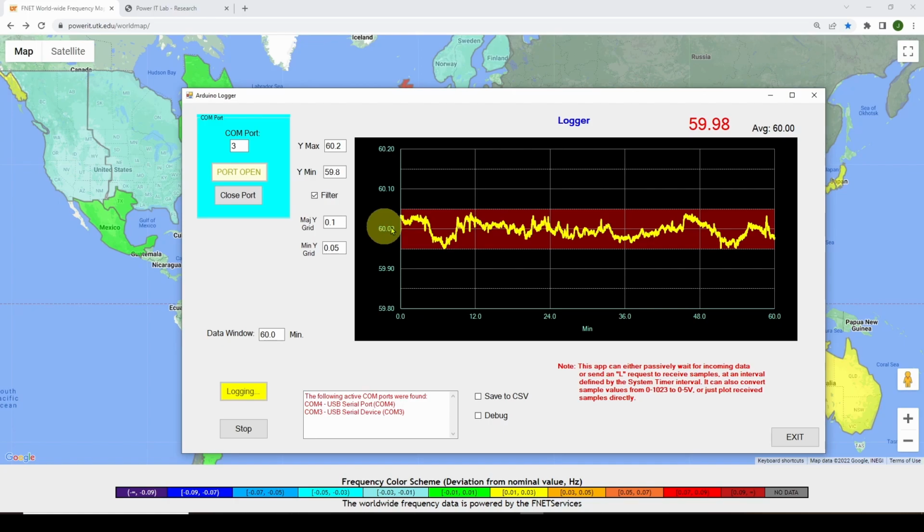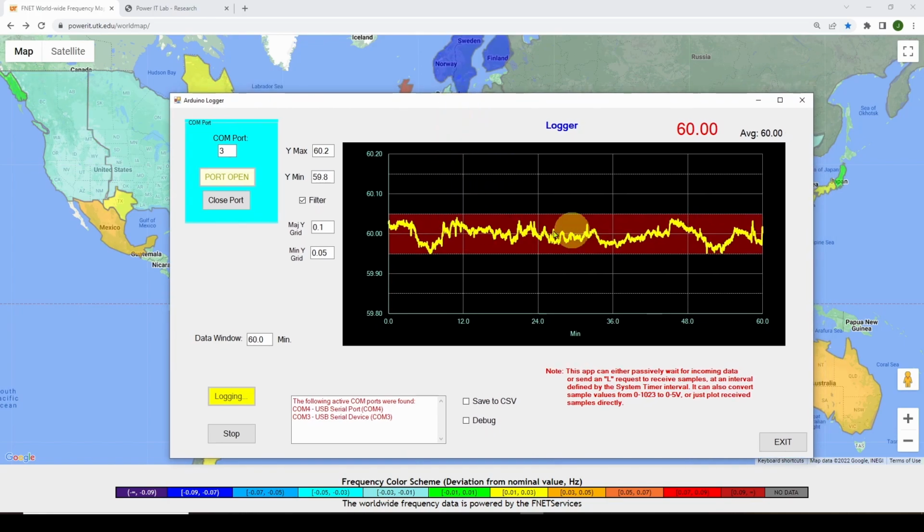You can see it's centered here around 60 hertz, and I'm showing about 60 minutes, or the last hour, of frequency measurements of my wall outlet voltage. We'll see in a little bit how this is controlled by your power company, in a very narrow range. But we're going to take a look at what this all means. 60 hertz, so what? What does that all mean?